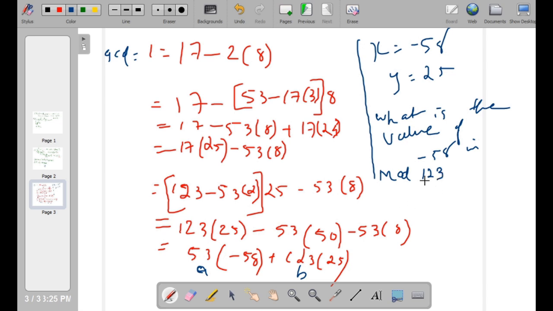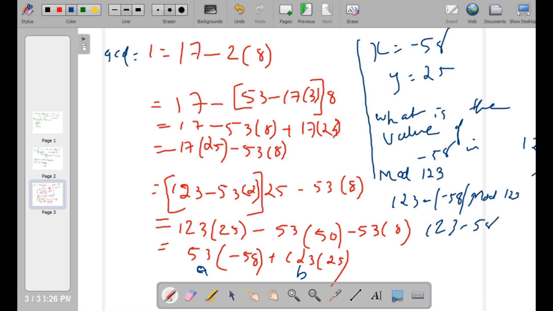We know the modulo n of a negative number is n minus the absolute value of it, that is 123 minus 58.